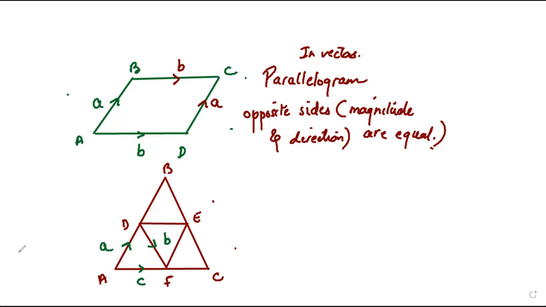All the other vectors, that means you can clearly see this is D vector, D to B, B to E. So what all vectors I have to calculate? I have to calculate vector D to B, vector B to E, vector C to E, vector F to C, vector F to E. These five vectors I have to calculate.